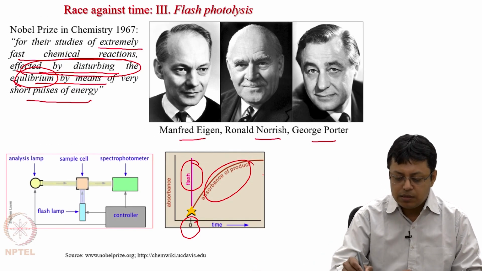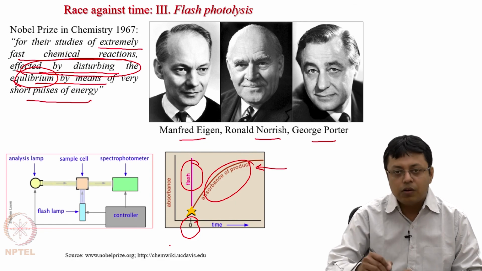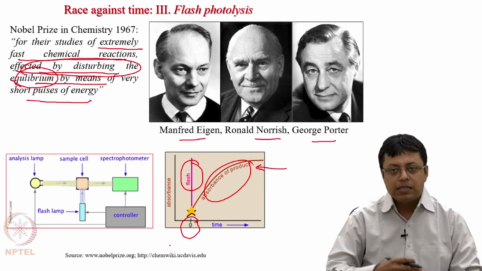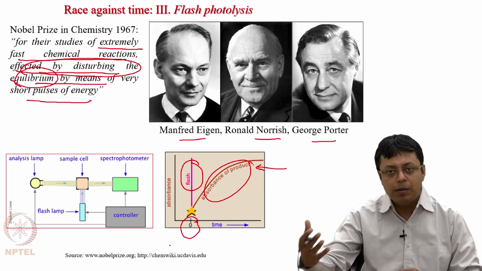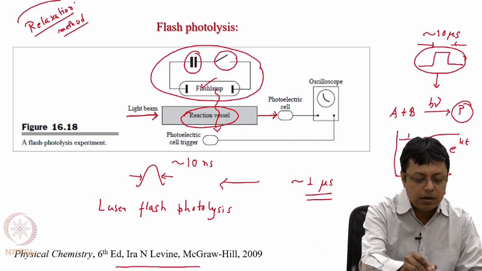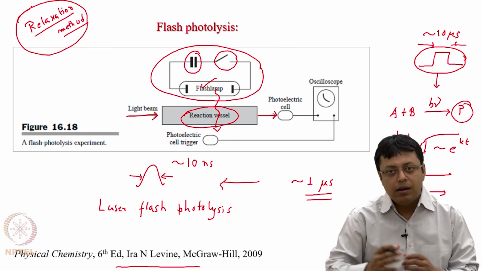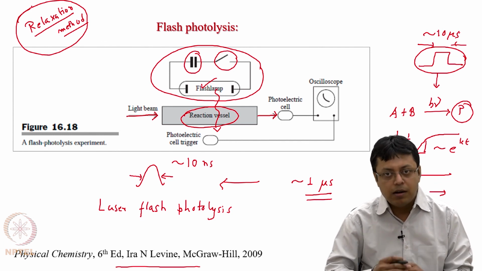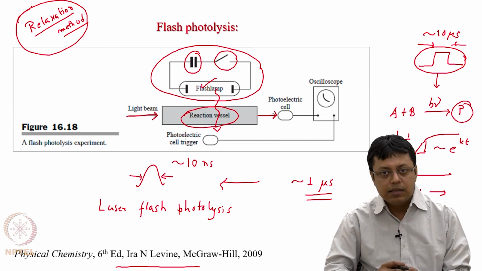As is shown here, the product accumulates over time, and that's a new equilibrium where you have predominantly product in the mixture. Again, these are collectively known as relaxation methods, and we have many different methods like temperature jump experiments and flash photolysis, which all fall under these relaxation methods.